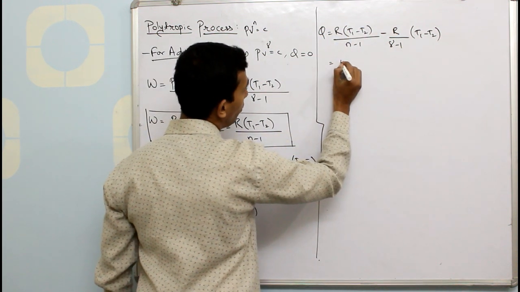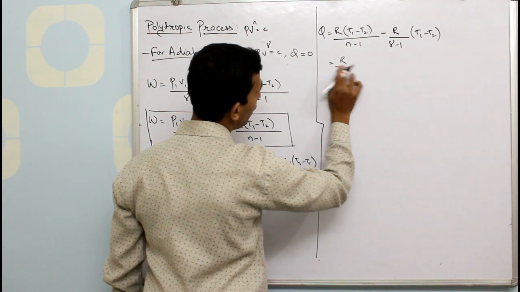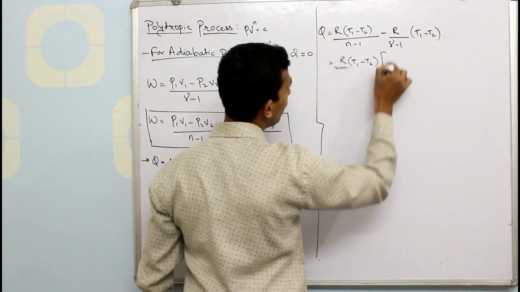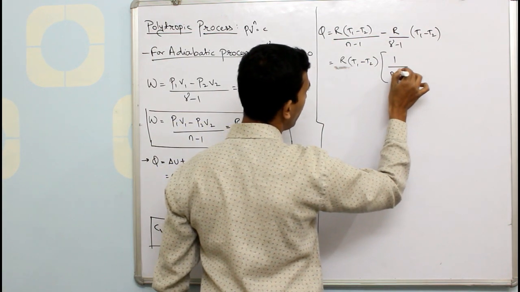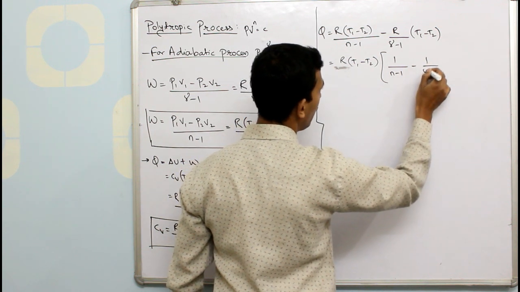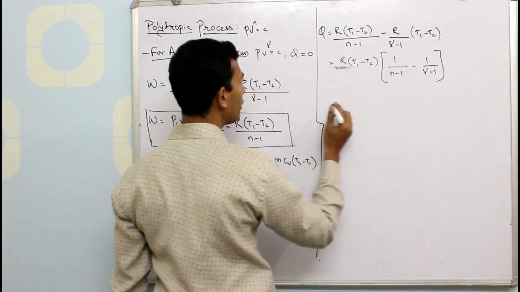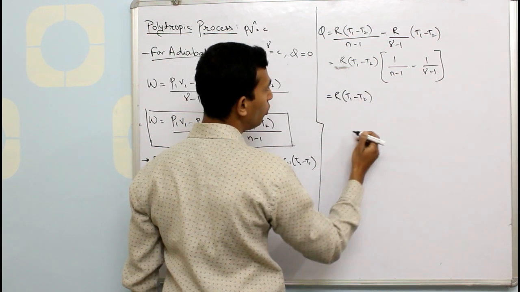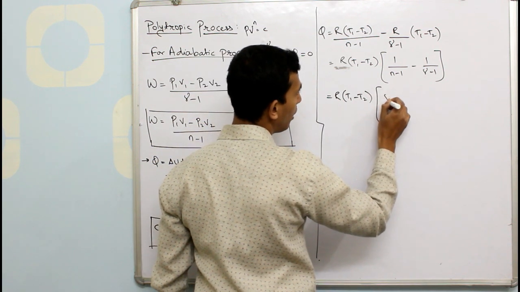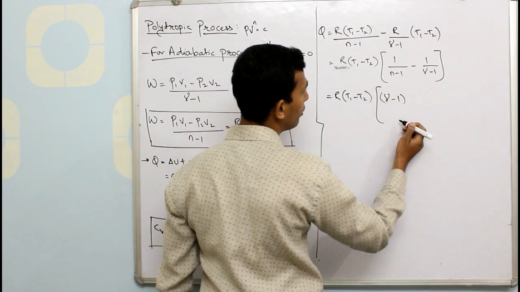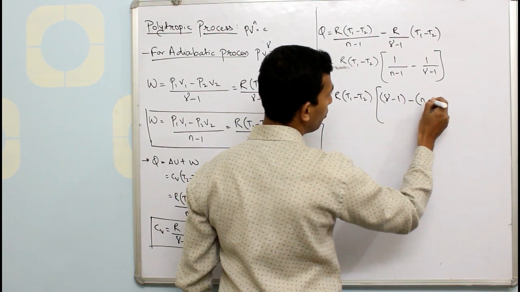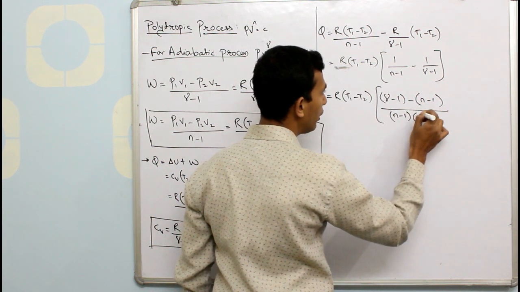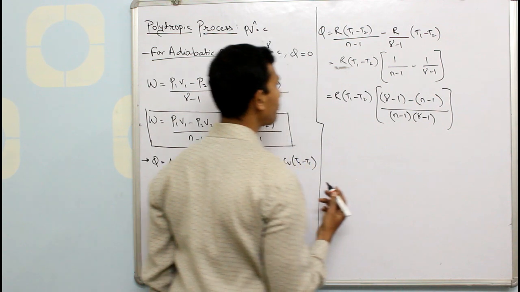So taking it out as common, R into bracket T1 minus T2, here in bracket it remains 1 divided by n minus 1 minus 1 divided by gamma minus 1. Cross multiplying this bracket, we can have R into bracket T1 minus T2, here gamma minus 1 in one bracket minus n minus 1 divided by n minus 1 in one bracket and gamma minus 1 in another bracket.